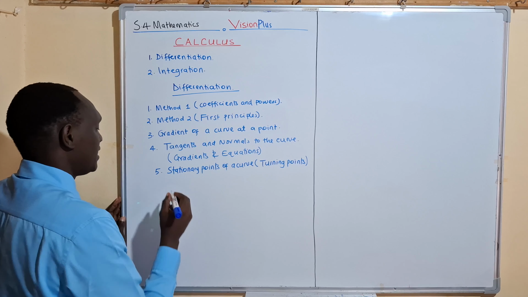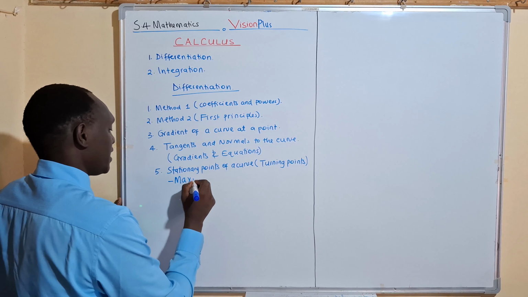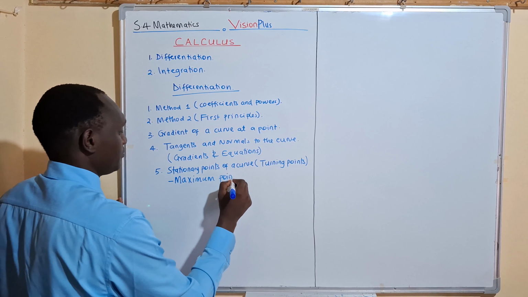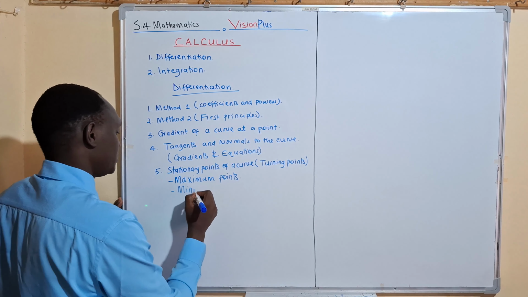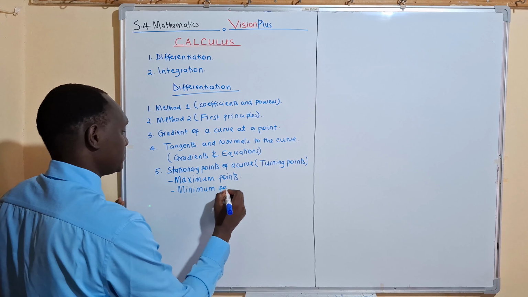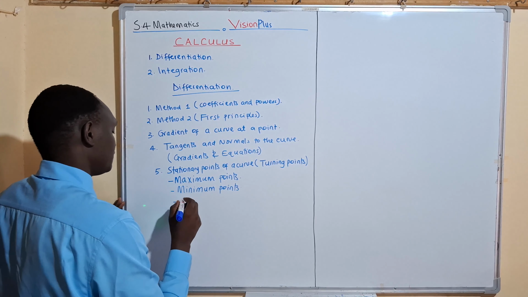And under that, we shall look at the maximum point of the curve. We shall look at maximum points. We shall look at minimum points, and then we shall look at points of inflection.